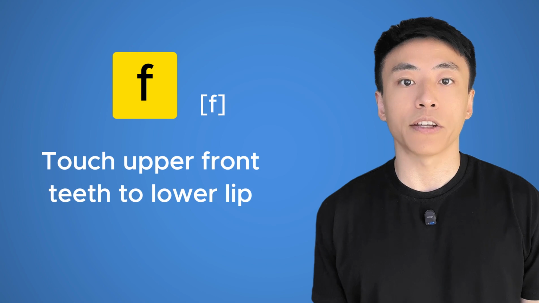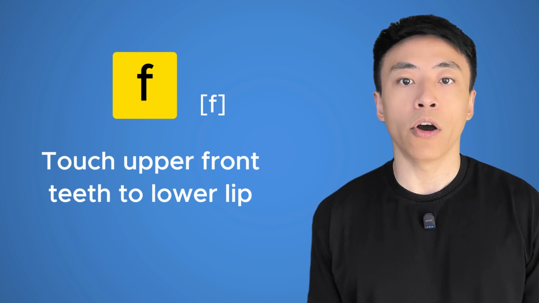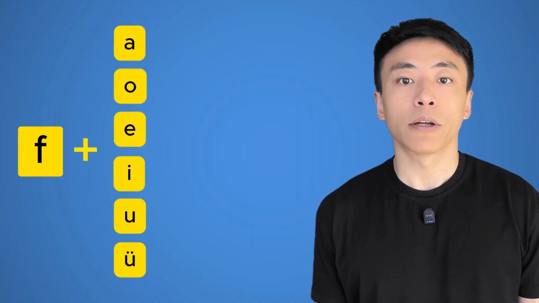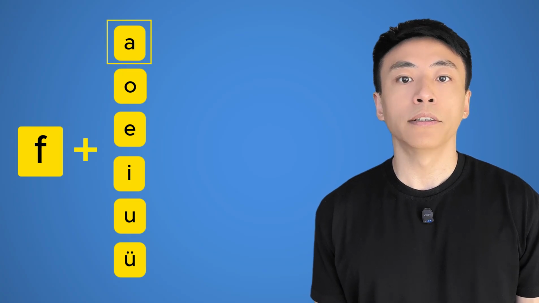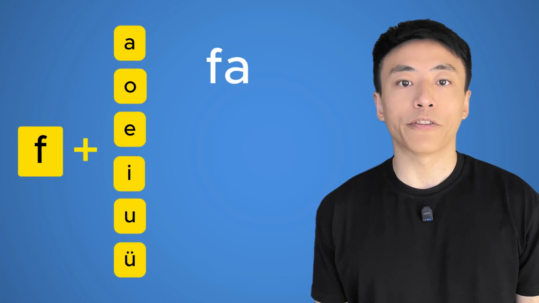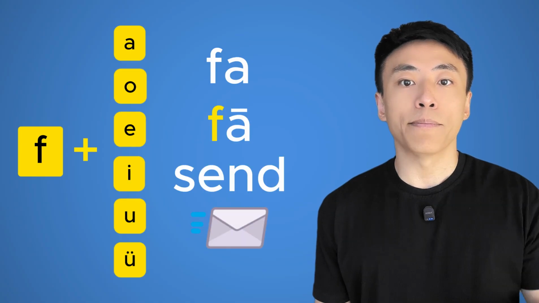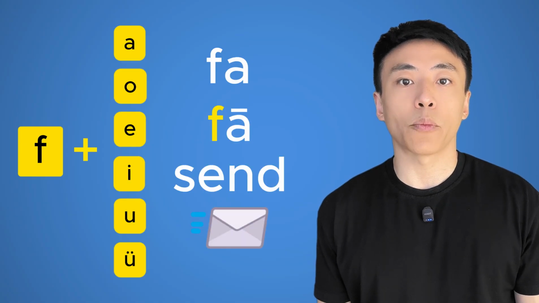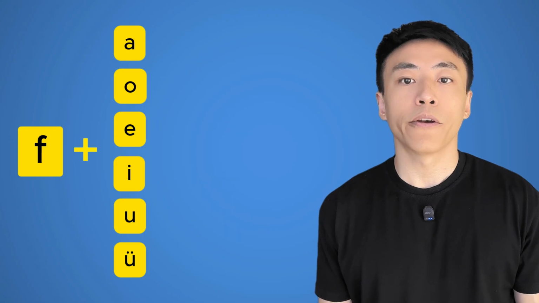Let's practice the initial again. Fo, fo. Now let's pair fo with our lesson 2 finals to form syllables. Fo, fa. With the first tone is fa, meaning send. Say it with a steady high tone.